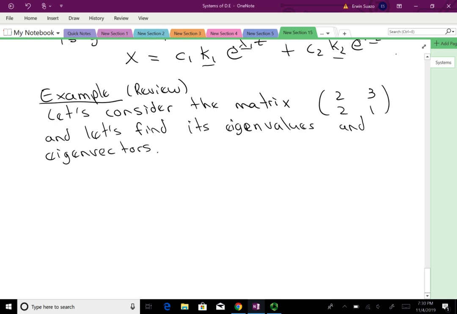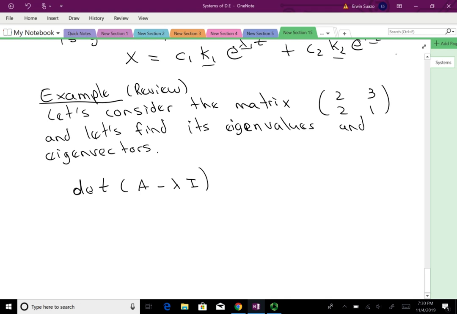So you already took linear algebra. The way you should do this is we need to find the determinant of A minus lambda I.